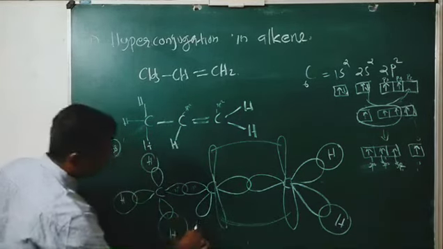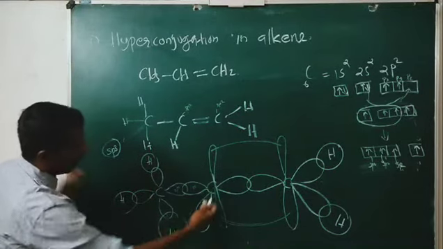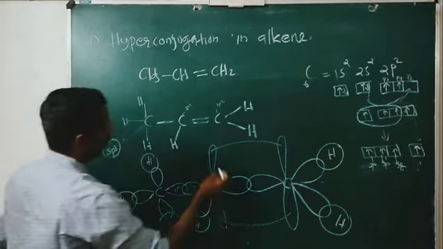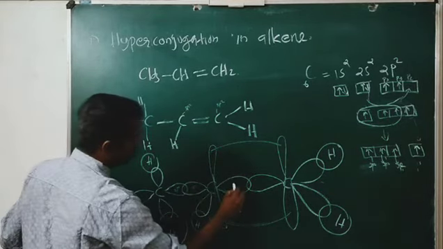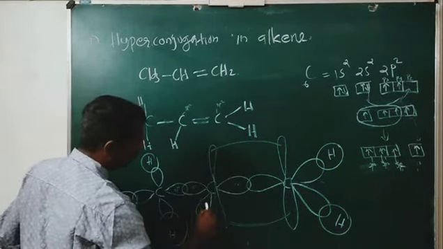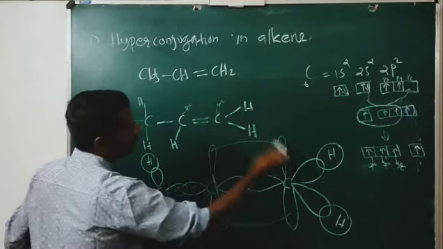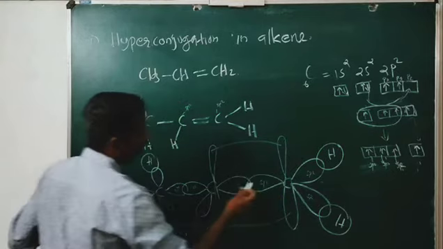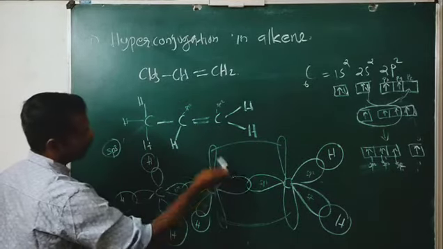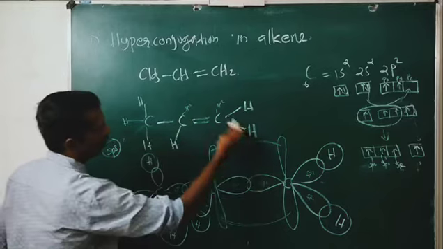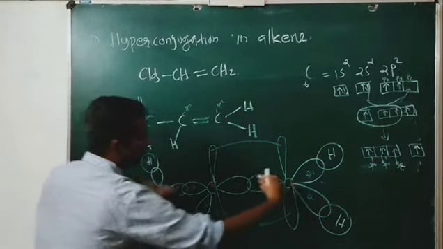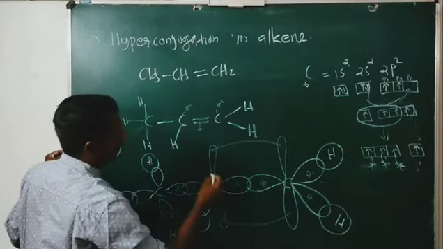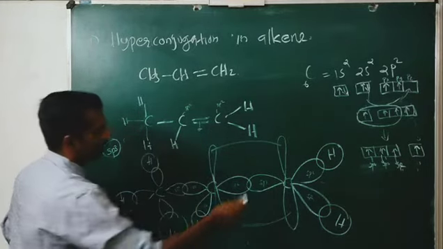There are 3 sp2 orbitals in this carbon, and in this carbon also there are 3 sp2. The sp2 hybridized orbital on this carbon will overlap with the sp2 hybridized orbital of this one. So there is direct overlapping, that means this is a sigma bond. This end to end overlapping will result in the formation of a sigma bond.